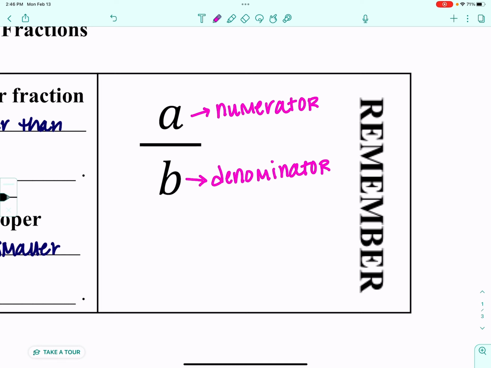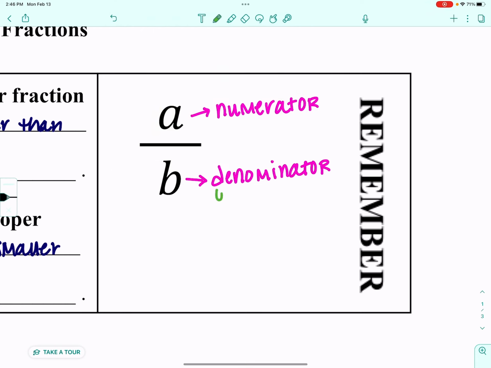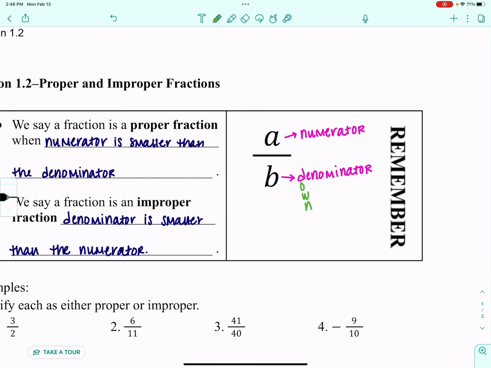Now, if keeping those straight is problematic for you, you can take the D in denominator and use it for the word down to remember that the number in the denominator is down on the bottom of the fraction. So that may help.